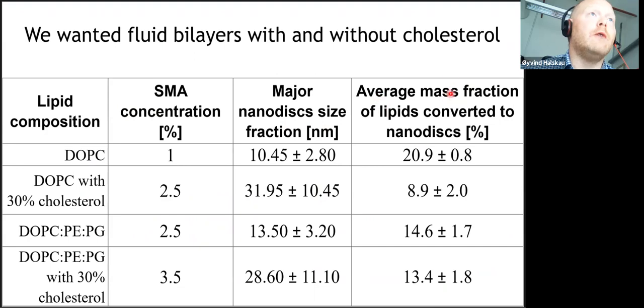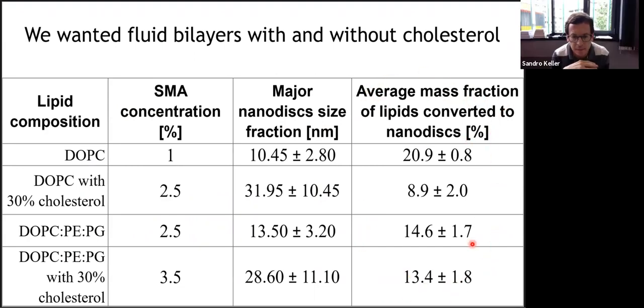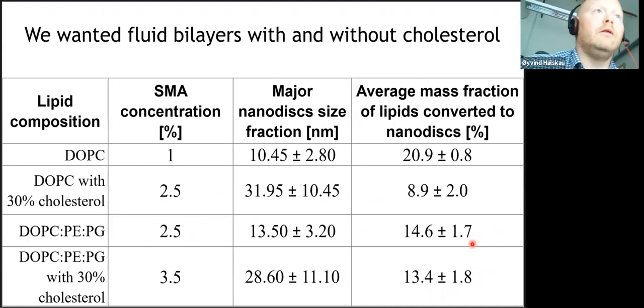Yeah, so you're essentially asking about how we got to these numbers? Yes. So again, I have to credit Martin Jakubek here, who devised a way to do this. I believe we used mass spectrometry. We ran the samples on gel filtration, and we collected the vesicle fraction and the nanodisc fraction.